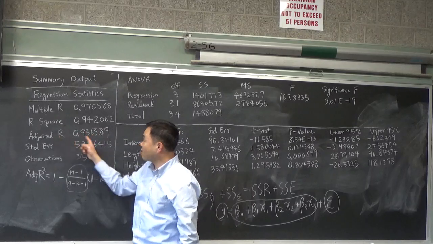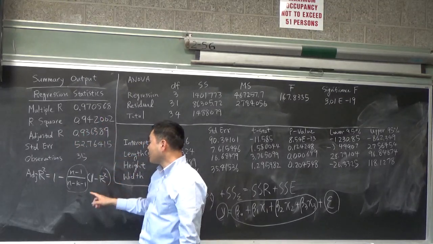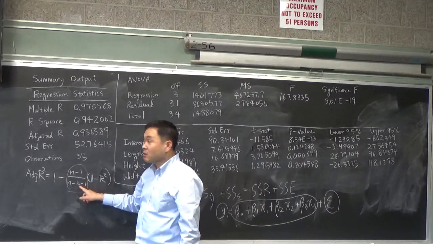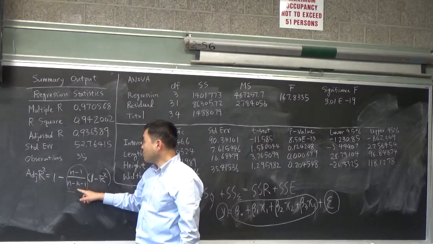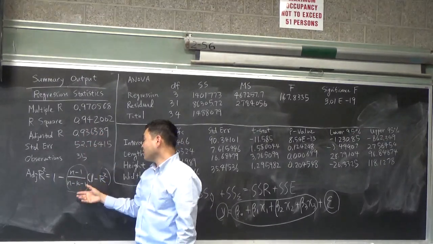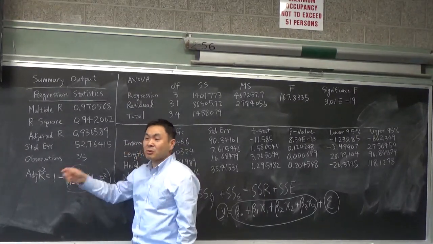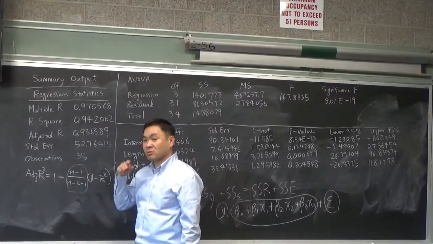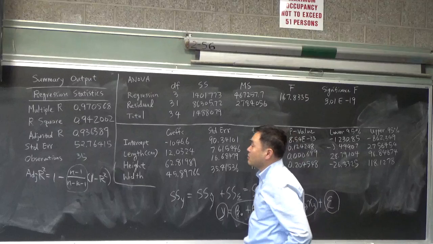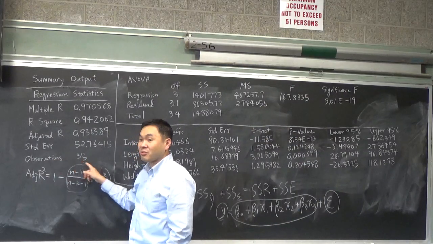And what happens is that the more predictor variables you have, the smaller the adjusted R squared will get. So in other words, it's penalizing you for just adding more variables to explain what's going on. But of course, when you have a lot of observations, so right now the number of observations is 35.